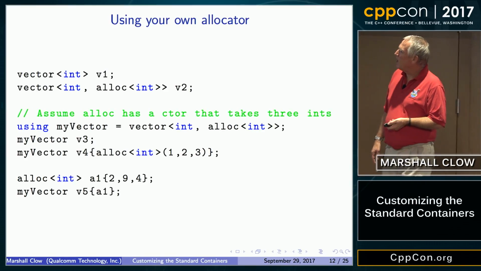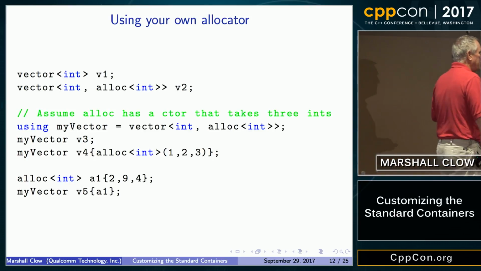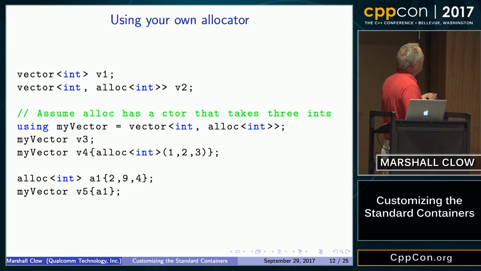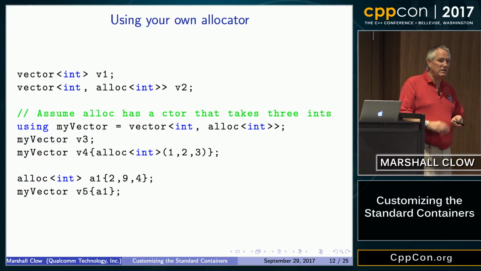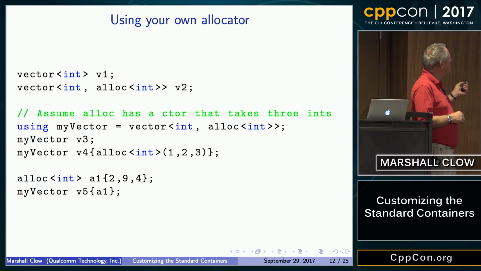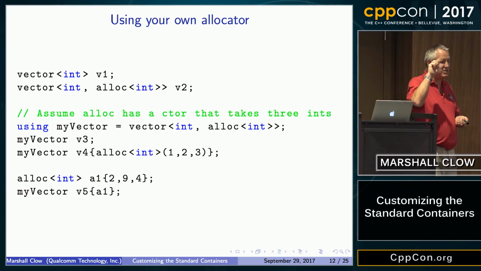Okay, some really simple examples about using your own allocator. I have my own allocator here. It's called alloc. I'm not showing you a definition for alloc. Please go to some of the other talks to see really how to write your own allocators. But we're going to assume that alloc has a default constructor and a constructor that takes 3 ints. So we have vector of int, v1.